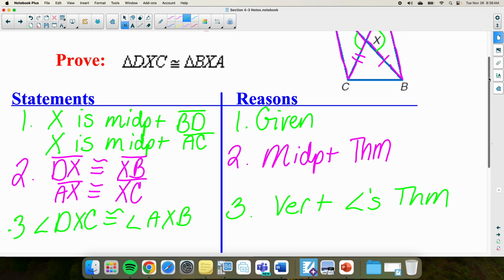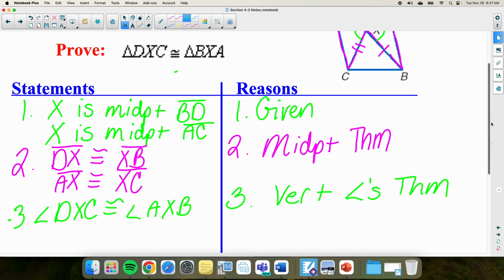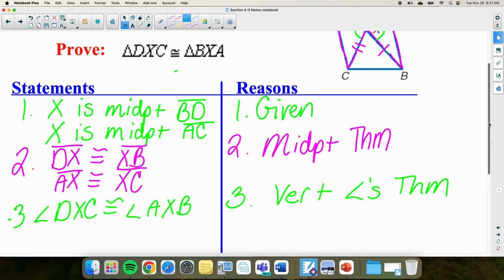Now, if you guys look at what we're wanting to prove, do we have to do that extra step for this one? We don't. It's only if you're trying to show that two angles are congruent or two sides are congruent. So this one, we're just gonna copy that down. So this one's easier.